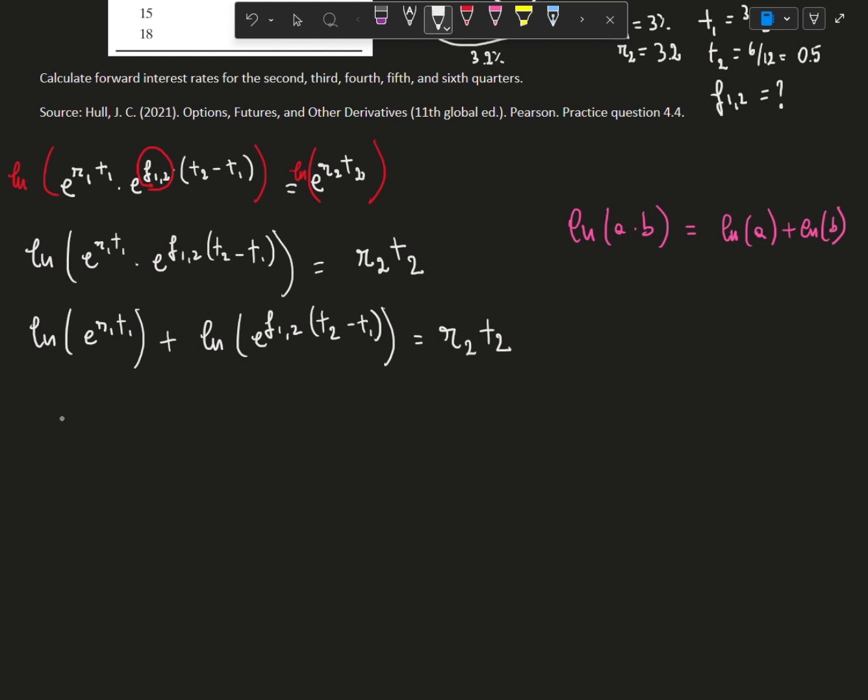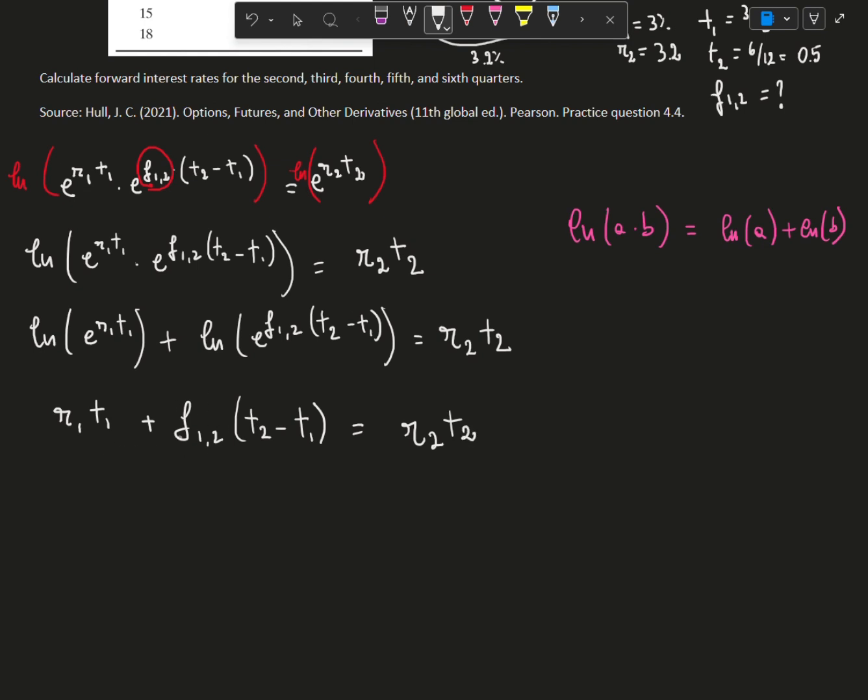The natural logarithm and the exponential function cancel each other out, so we are left with R1 T1 plus F12 times T2 minus T1 is equal to R2 T2.